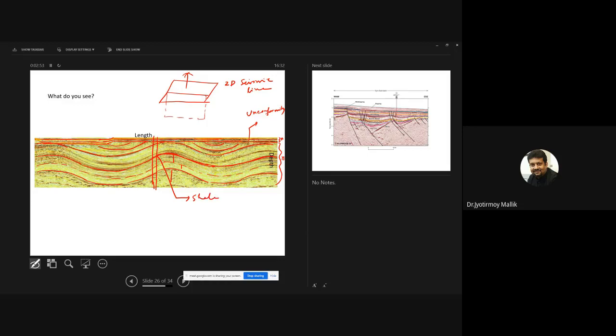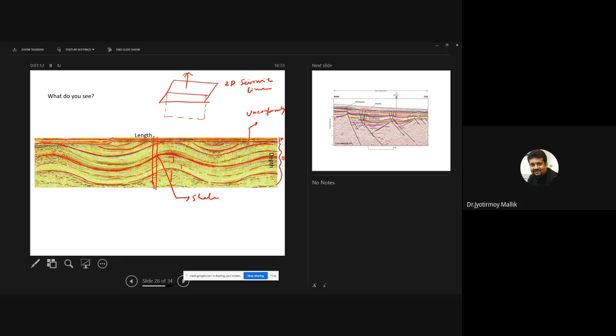I know that shale is only here, only this part. But by correlating my well with the seismic, I can say that the shale layer continues all the way here, all the way here, right?